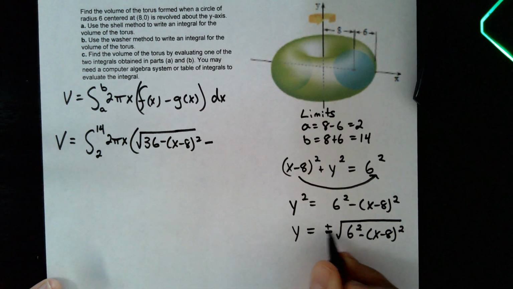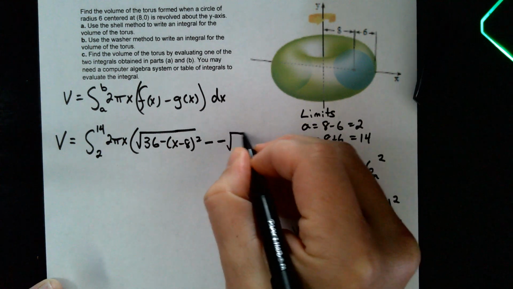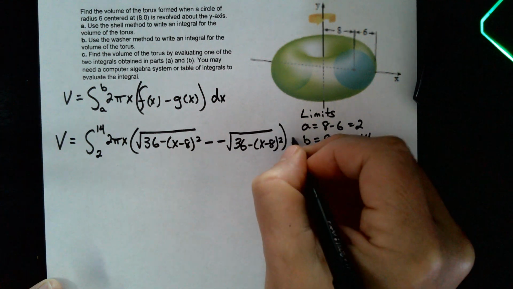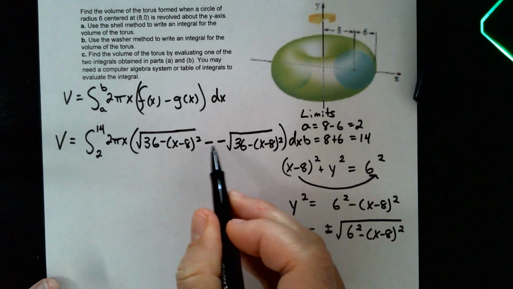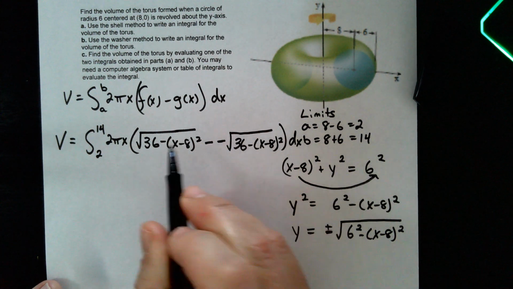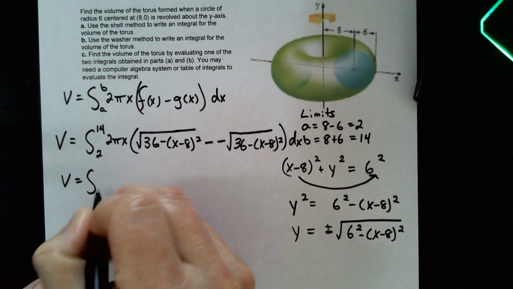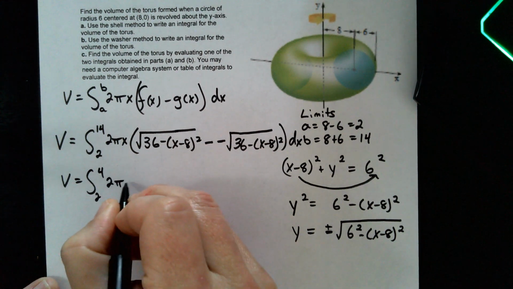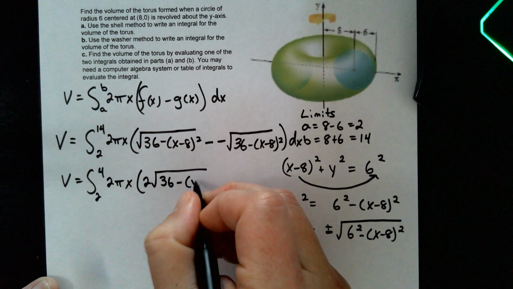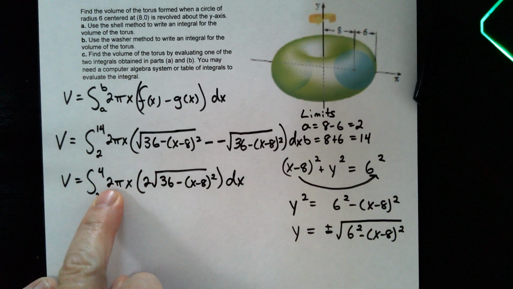Minus a minus is the same as adding. So essentially you'll be adding these exact same things up, and there's two of them. So V is equal to the integral from 2 to 14 of 2 pi x times 2 times the square root of 36 minus (x minus 8) squared dx. And if you wanted, you could bring this 2 out and make that a 4.